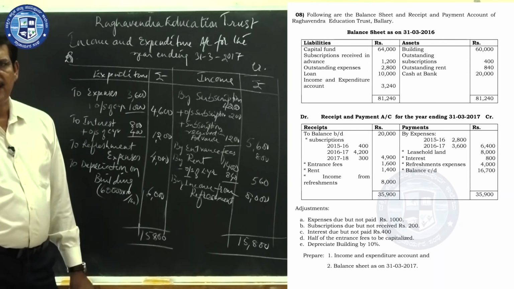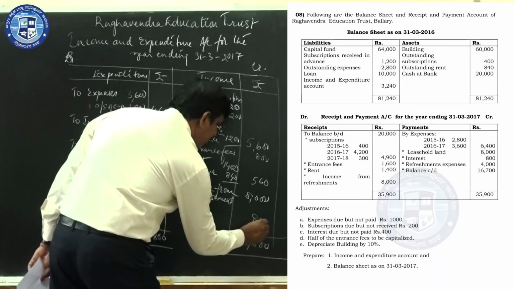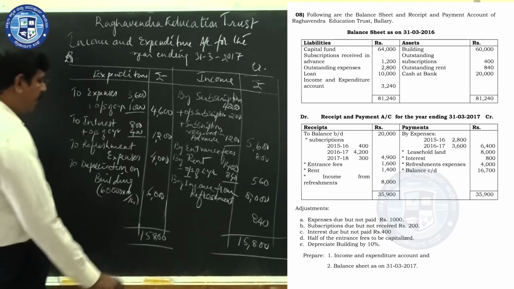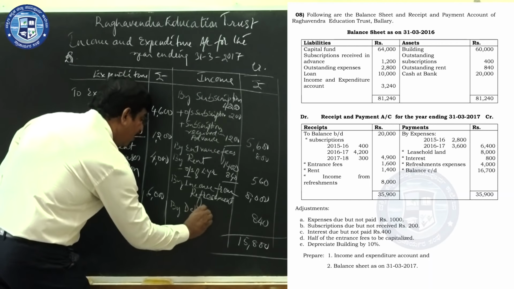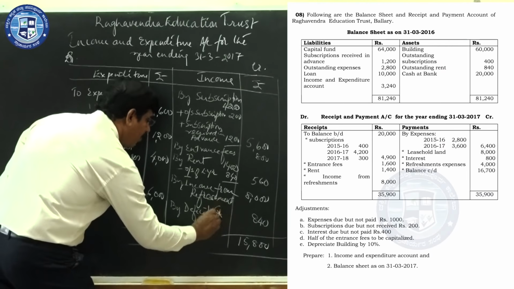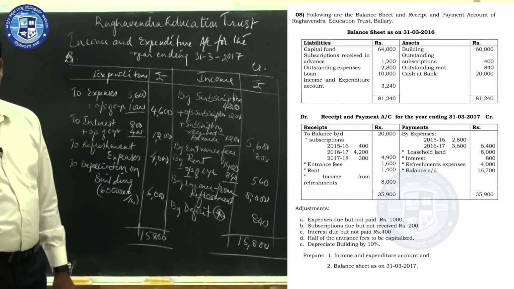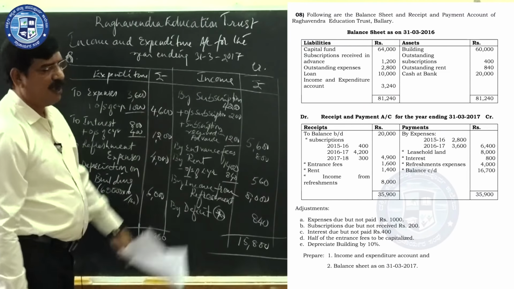So on the right hand side we will get the deficit 840. So the balance is on the left hand side. Whatever you write on the right hand side, it will be considered as deficit. So here in this problem we are not getting surplus. In this problem we are getting deficit. That should be the balancing figure. Okay. So income and expenditure account is over.